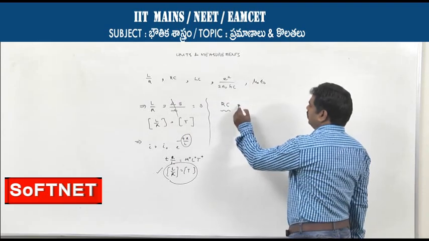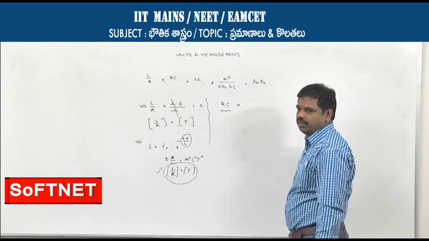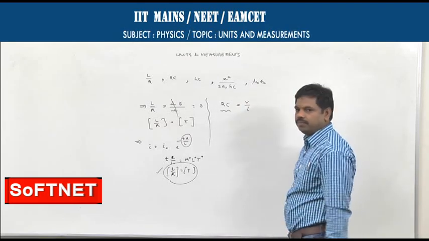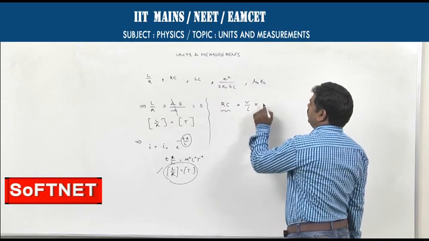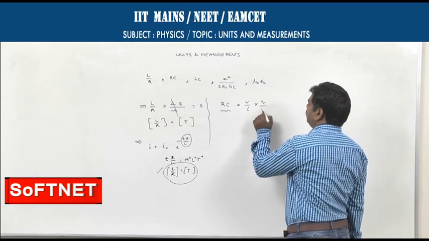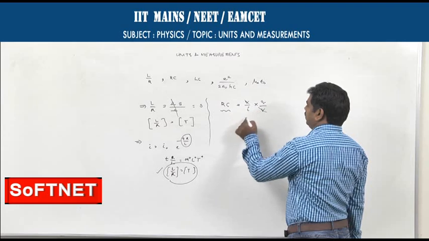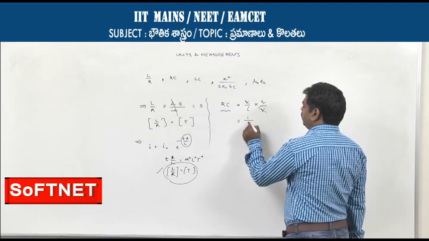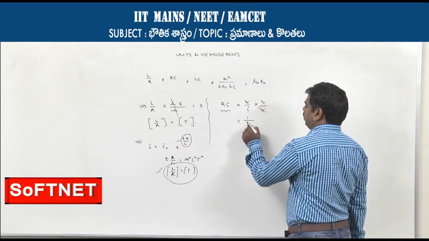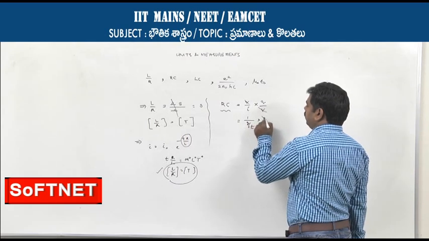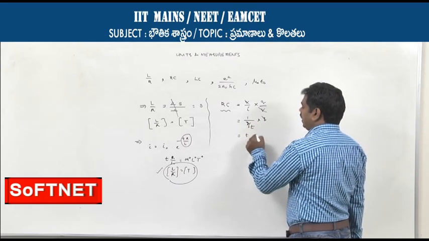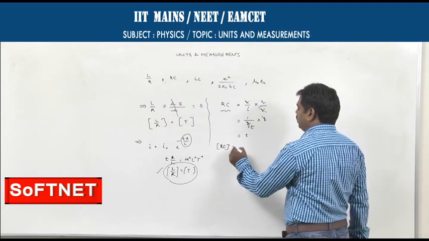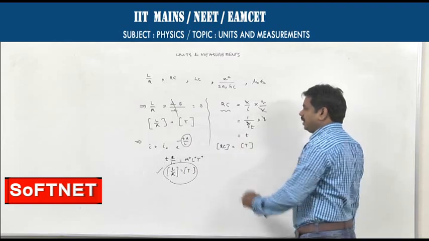Here resistance is there; the resistance formula I know is R equal to V by I, and capacitance is C equal to Q by V. V gets cancelled. Current is nothing but charge by time, that is 1 by (Q by time) into Q. Q gets cancelled, and again you get time, that is, the dimensional formula of RC is time, T.